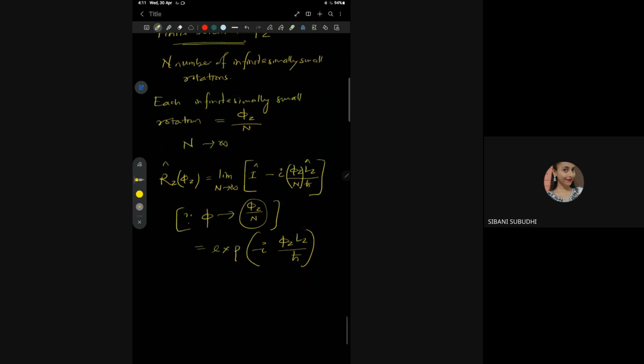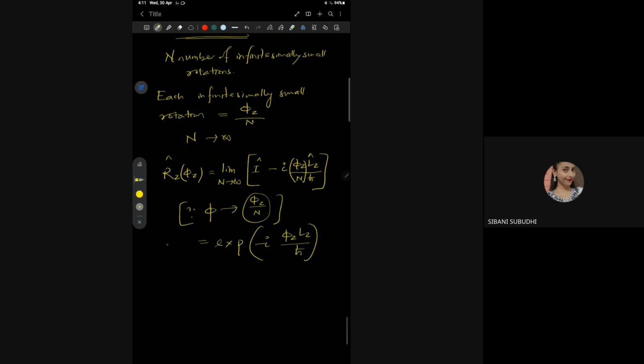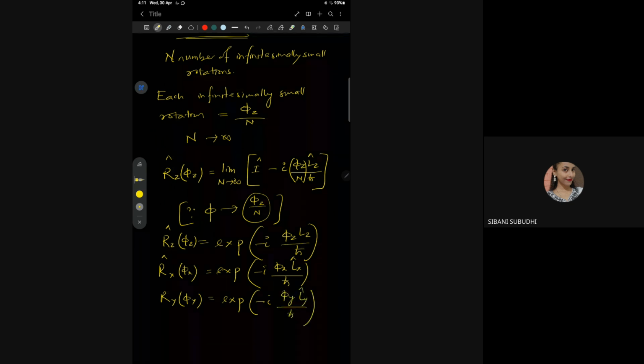Similarly, Rx of phi x will be exponential minus i phi x Lx by h cross, and Ry of phi y will be equal to exponential minus i phi y Ly by h cross.